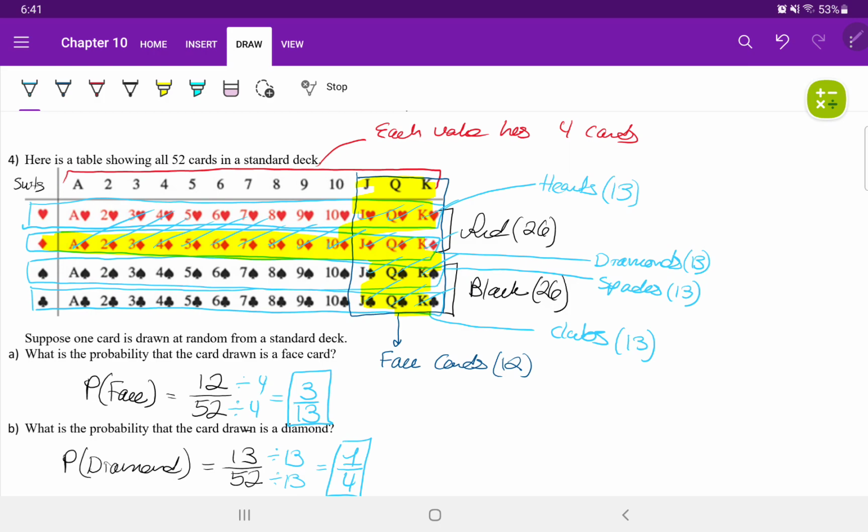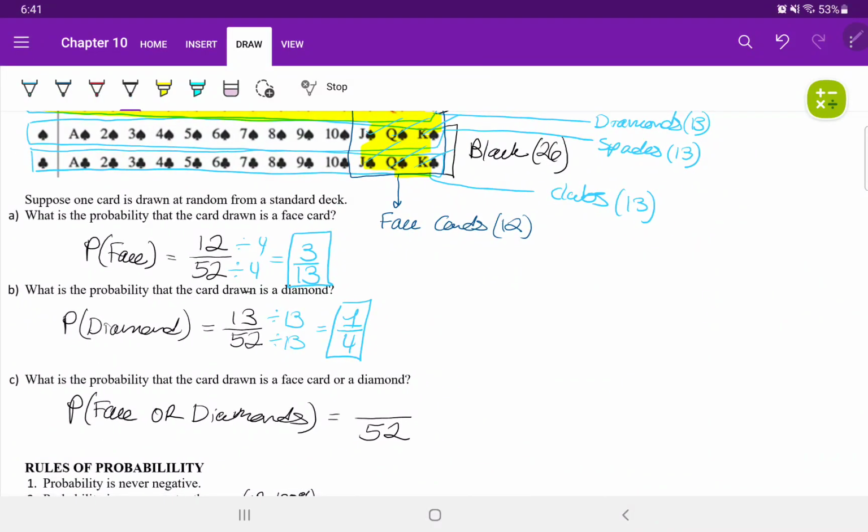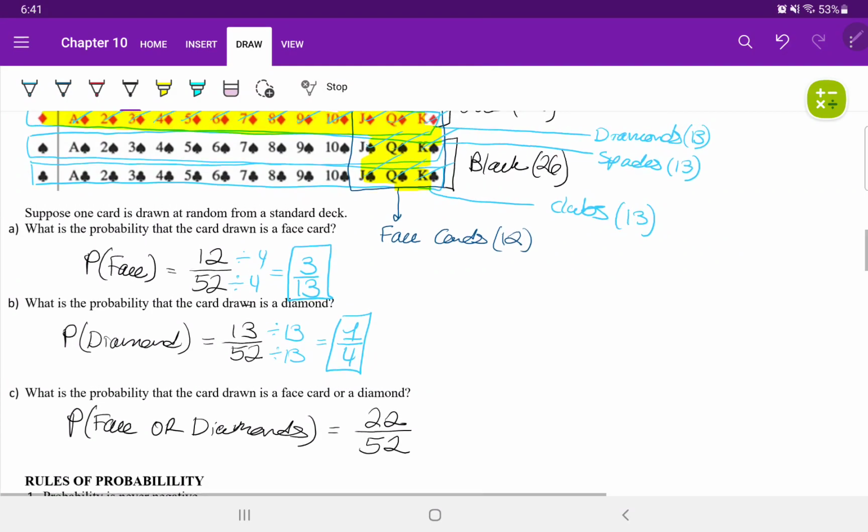So the probability of having a face card or a diamond is going to be 22 out of 52. And we can reduce 22 out of 52 by dividing the numerator and denominator by 2 because both are even numbers. 22 divided by 2 is 11. 52 divided by 2 is 26.